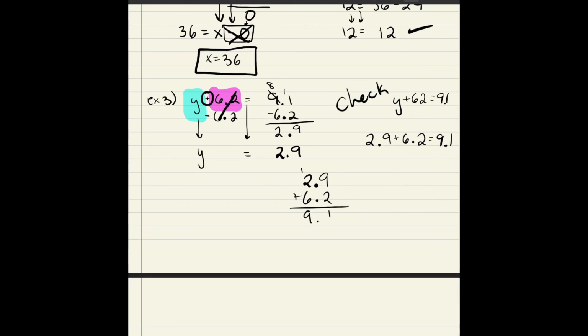So I have 2.9 plus 6.2 is 9.1. Is that equal to 9.1? Yes, it is. So based on that, y equals 2.9, and that is our final answer.